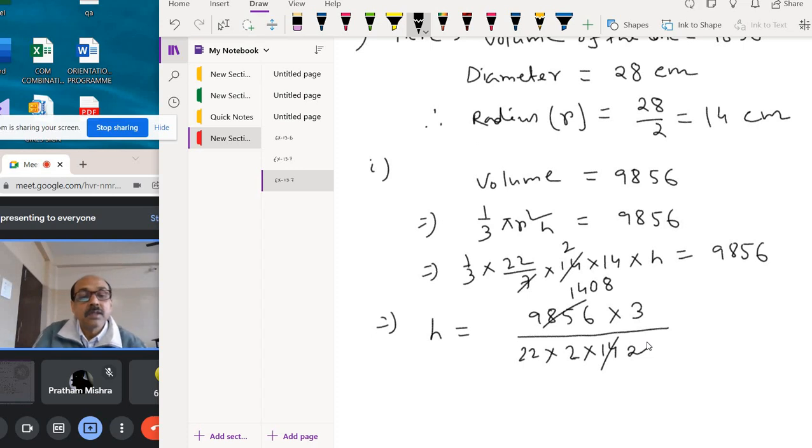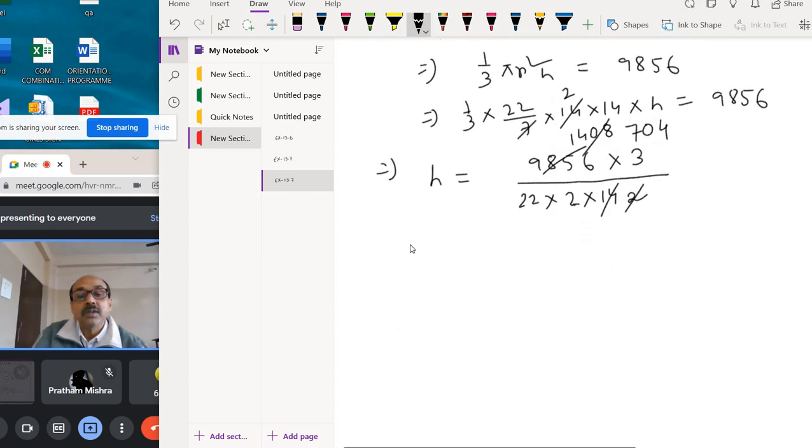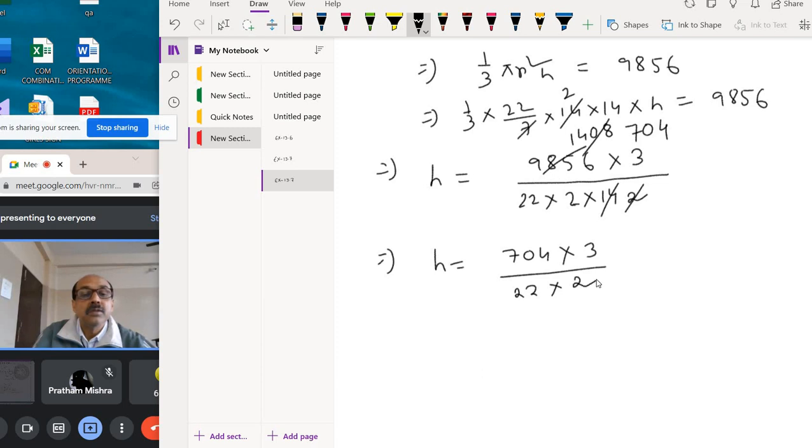Okay, then it will go by 2, so 2 and 1408, so 7 2s are 14, 0 4, 4 2s are 8. Now so h equal to 704 into 3 divided by 22 into 2. Okay. Now it will go by 2, 704 is 352.